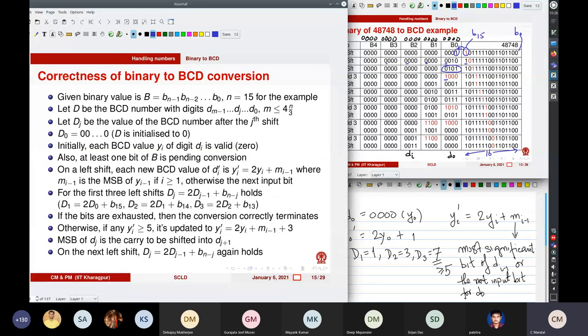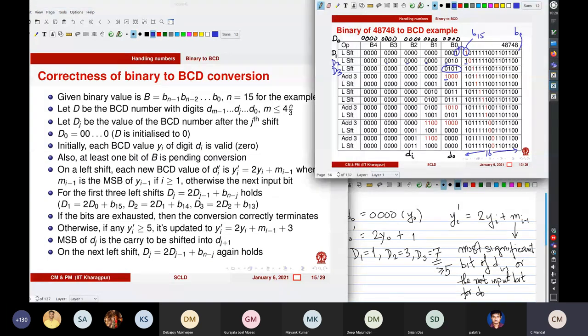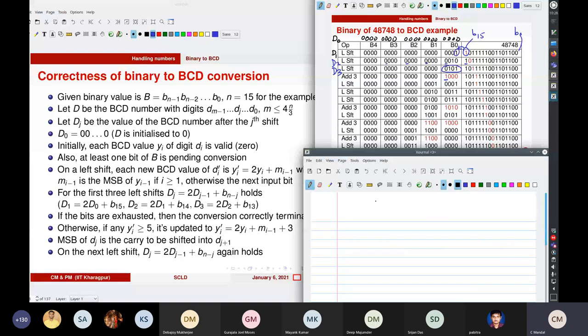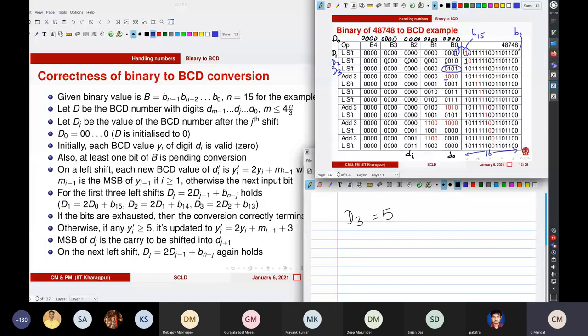Let us see if that holds over here. In this case D3 is equal to 5.